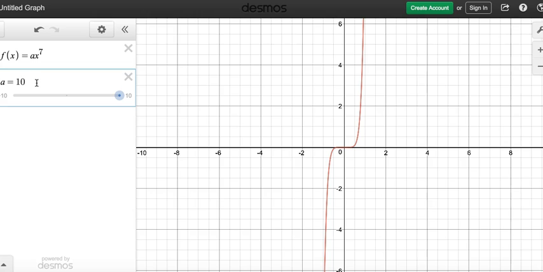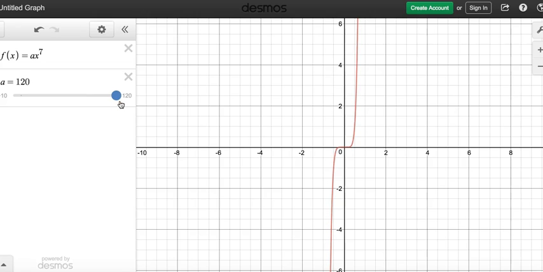I mean, we can go to 20. Now look at this. If we kept going all the way to 120, we see that the graph is getting more narrow, right? The bigger that A gets, it's getting narrower and narrower.